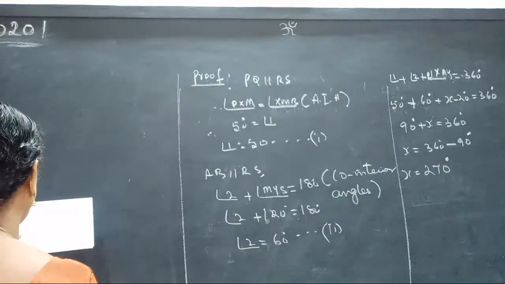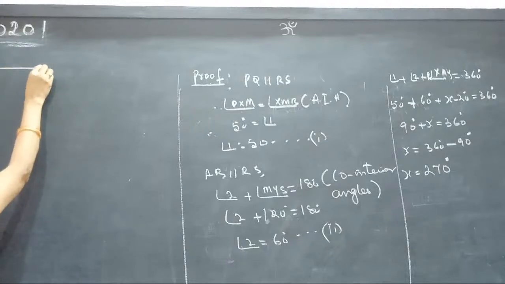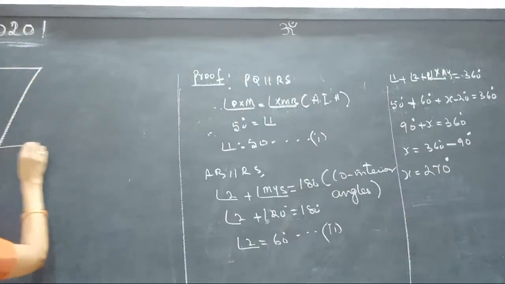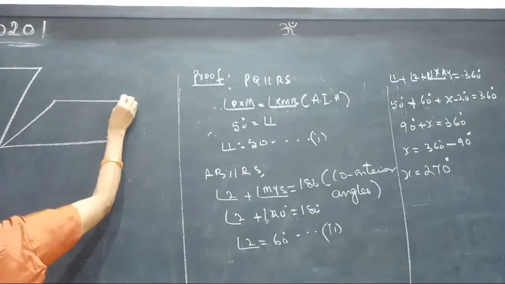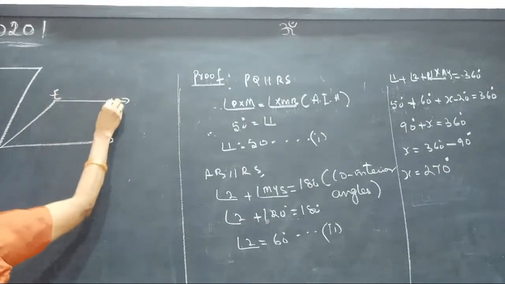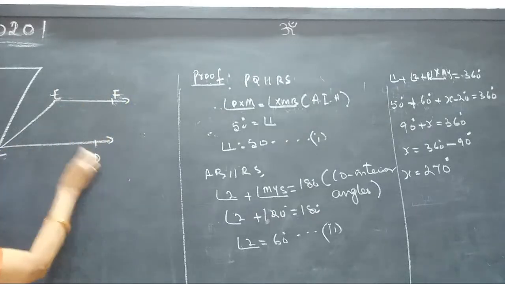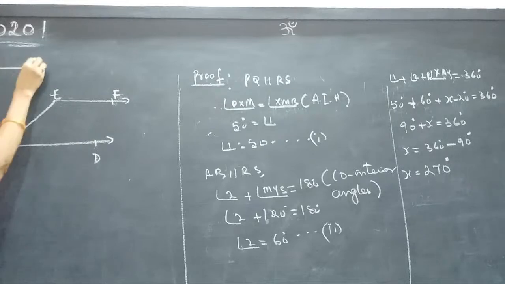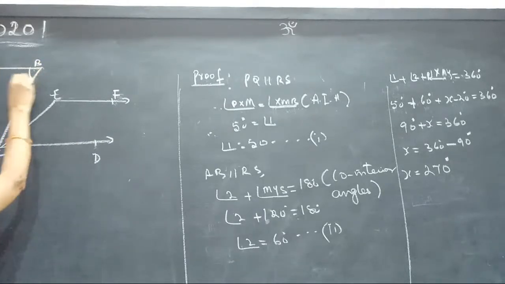Next, in the figure, prove that AB is parallel to EF. Take the figure. Here we apply the theorem: lines which are parallel to the same line are parallel to each other.